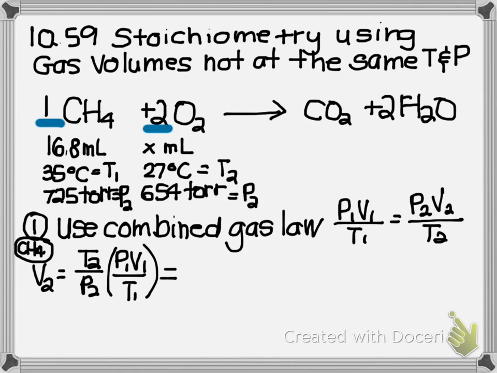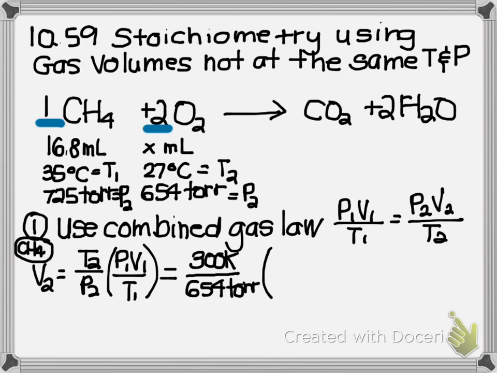So 27 degrees Celsius is going to be 300 Kelvin, adding 273, and the pressure is 655 torr. I don't have to convert pressure.